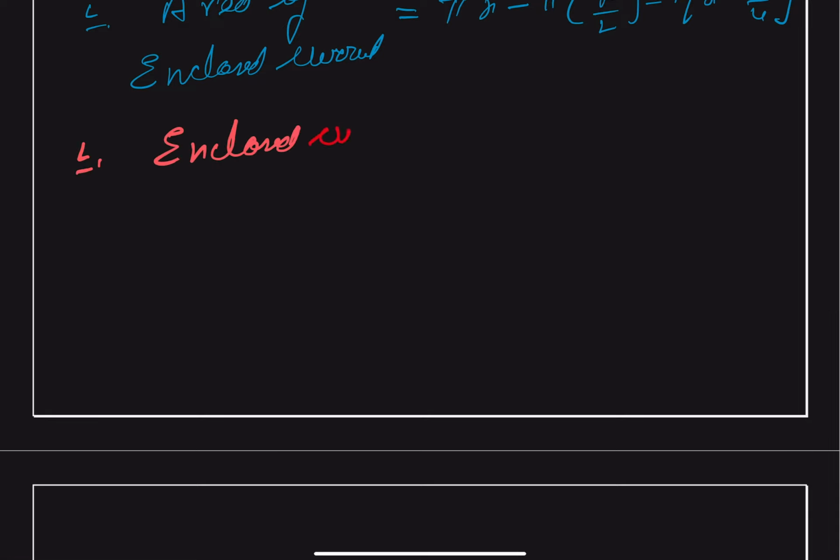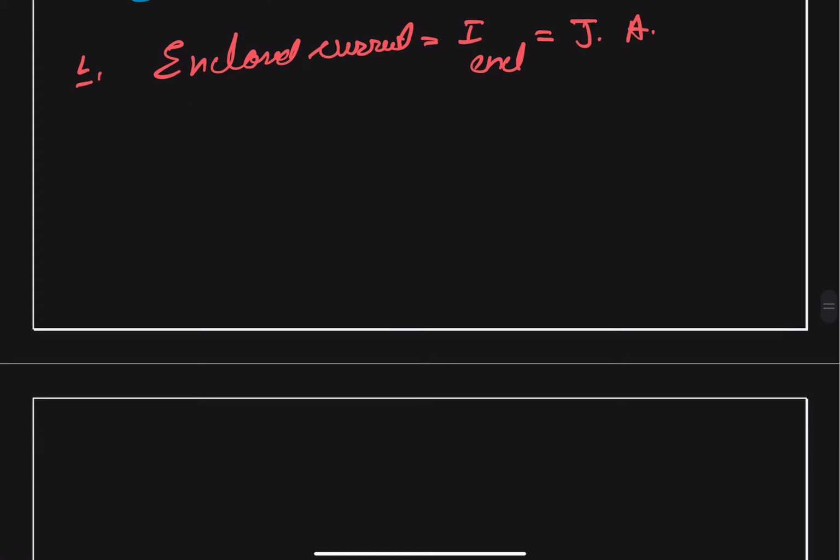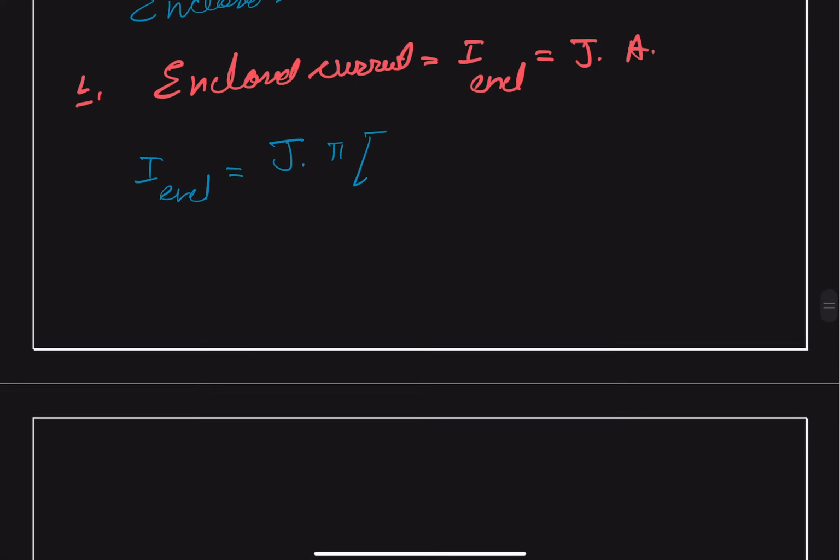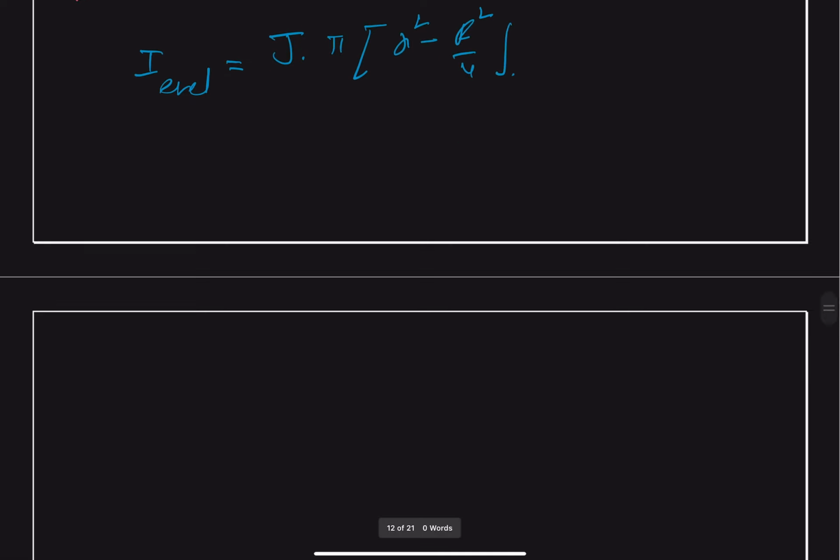Enclosed current, that is our I enclosed, will be equal to current density multiplied by area. This gives us that I enclosed will be equal to current density, which we already know is fixed, and the area we just found, pi times x square minus r square by 4. Therefore magnetic field B is equal to mu naught I enclosed divided by 2 pi x.